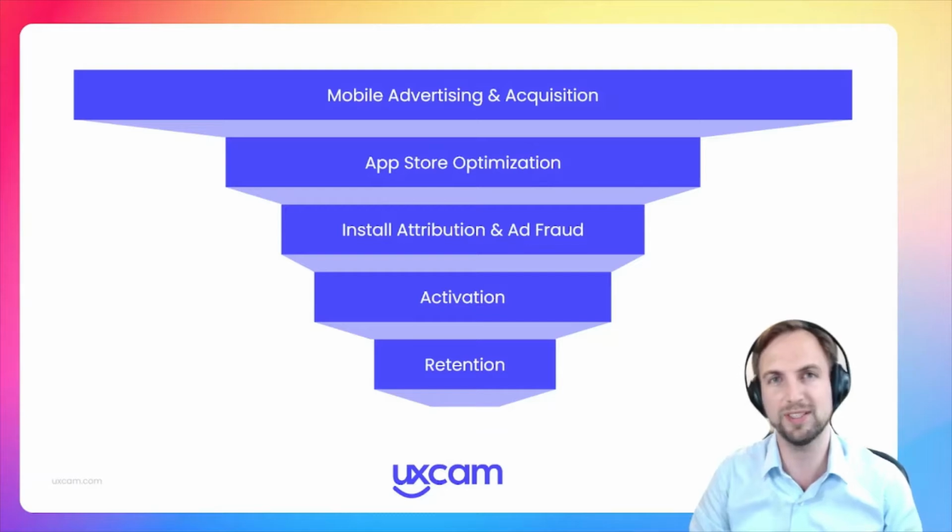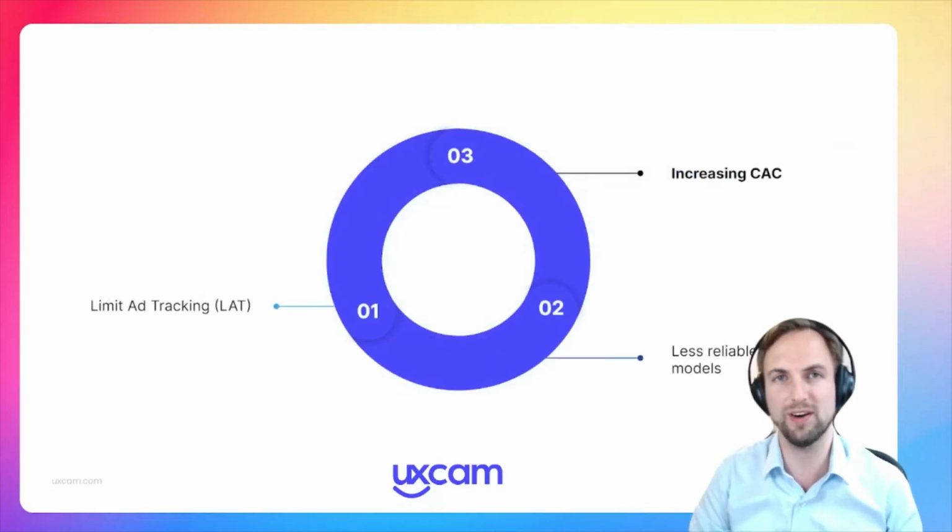Now, you've probably seen all the other talks today about mobile advertising, acquisition, ASO, install attribution, but this is potentially going to get harder. More recently, we see the limit ad tracking being rolled out. And there's a good chance that this is going to lead to less reliable attribution models and less reliable advertising targeting. And if that happens, we're going to see an increase in customer acquisition cost.